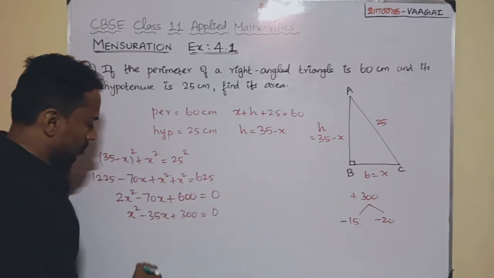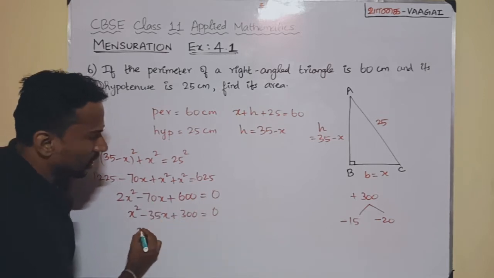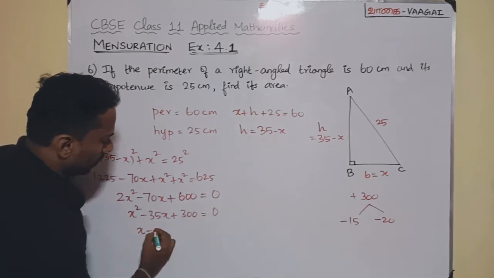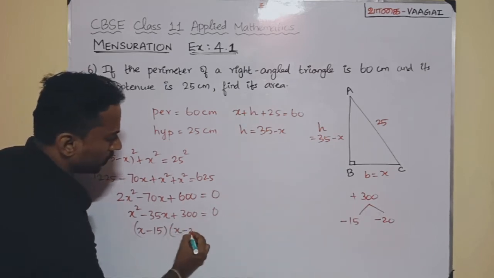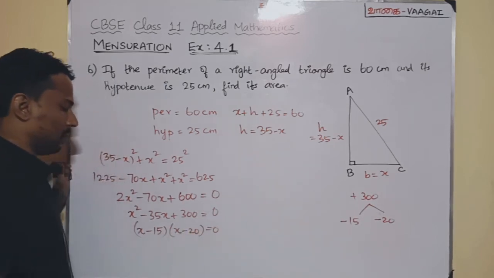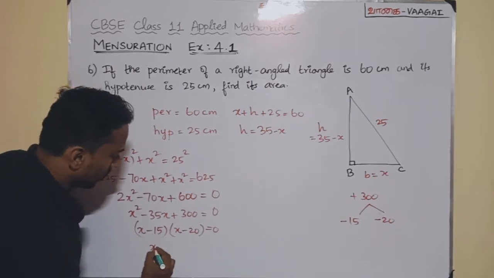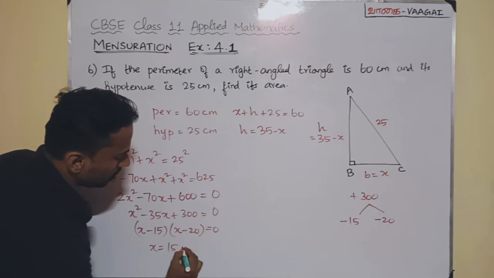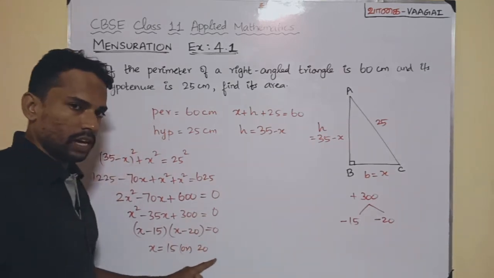So I can factorize this equation as x minus 15, x minus 20. So these are the two factors. Now when I solve this, I will be getting x is equal to either 15 or 20. So I get two values for x, either 15 or 20.